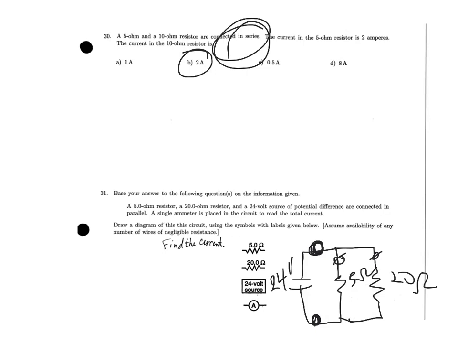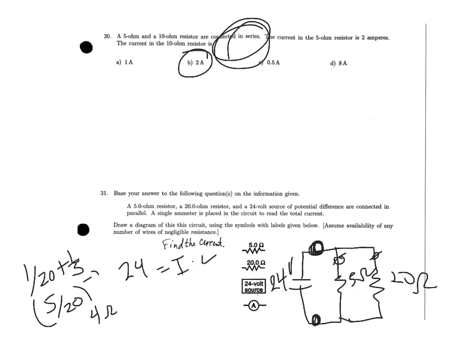So if we wanted to find the total current here, you can do it two ways. One is to find the total resistance, which is 1 over 20 plus 1 over 5, which would be 5/20ths or 4 ohms, because you'd invert that. And then 4 ohms, so 24 is equal to I times 4, and this would be 6 amps equals I. So you could do it by finding the total resistance, or you could find the current down each path.